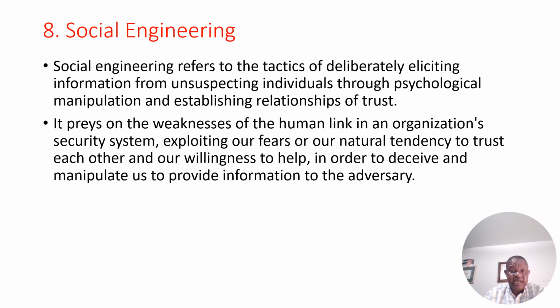And then social engineering, which we also talked about. Social engineering refers to the tactics of deliberately eliciting information from unsuspecting individuals through psychological manipulation and establishing a relationship of trust.